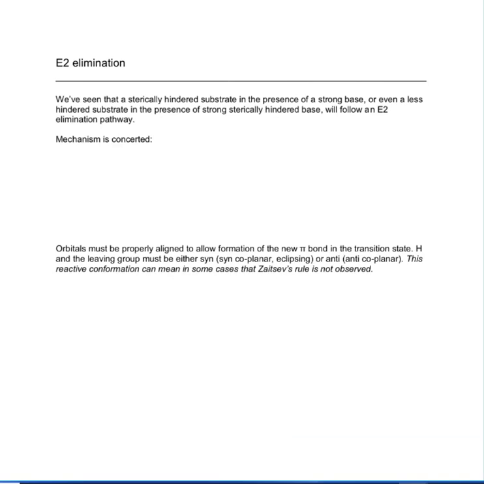Now it's time for us to turn our attention to the details of the E2 elimination pathway. Remember that E2 stands for a bimolecular elimination, meaning that there are two chemical species involved at the rate determining step.